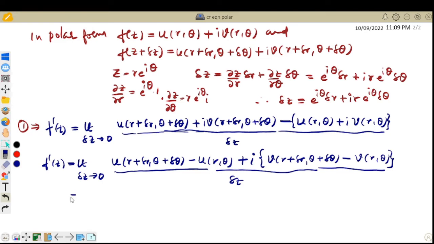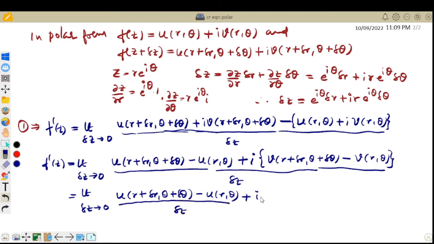In the next step, since delta z is the LCM, I'm going to write the limit as delta z tends to 0 of [u(r plus delta r, theta plus delta theta) minus u(r, theta)] divided by delta z plus i into [v(r plus delta r, theta plus delta theta) minus v(r, theta)] divided by delta z.